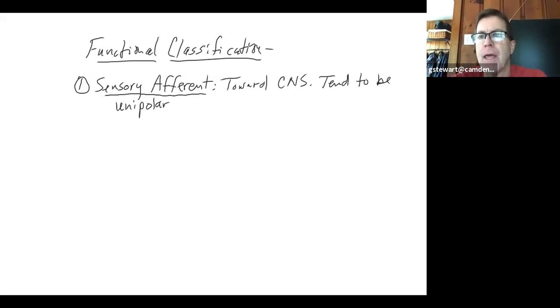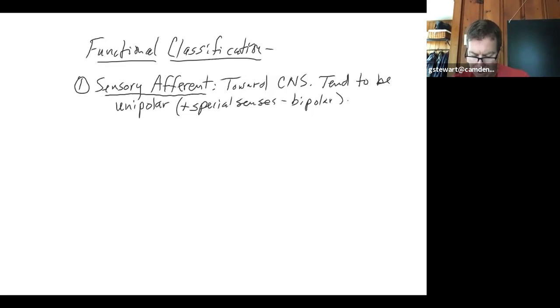The exception to that is special senses. So I'm going to put plus special senses, which are bipolar. But those are rare. Those are not common in the human body.